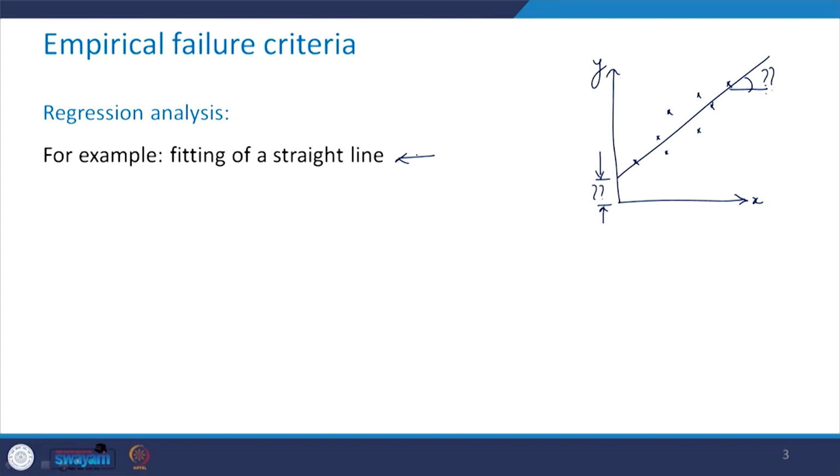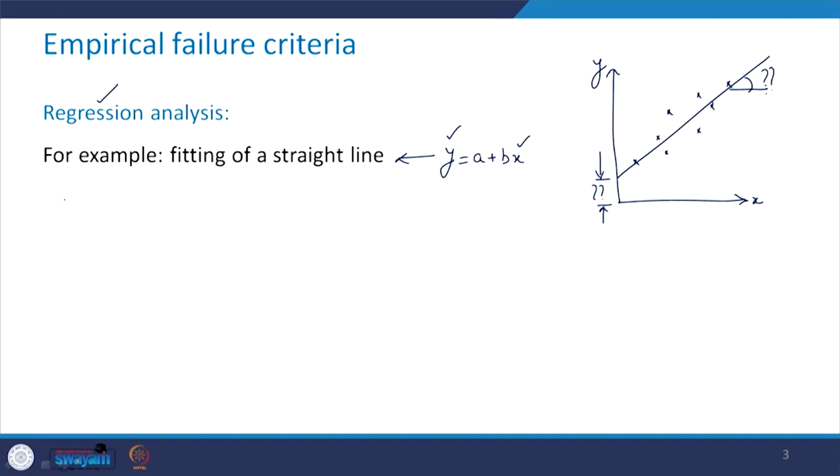Let us say the equation of the straight line is y equal to a plus bx. This y and x can be anything. Right now I am just telling you the basics of regression analysis, then I will show you how this analysis can be applied in case of rocks and rock masses.